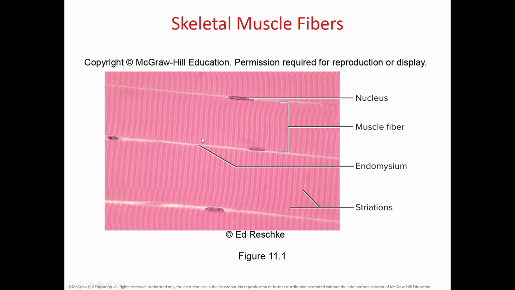The dark bands are called the A bands, while the light bands are called the I bands. And these individual muscle fibers are separated from the rest by a membrane that is called endomysium. These fibers are very long, they are cylindrical, and they have multiple nuclei, so they are multinucleated.